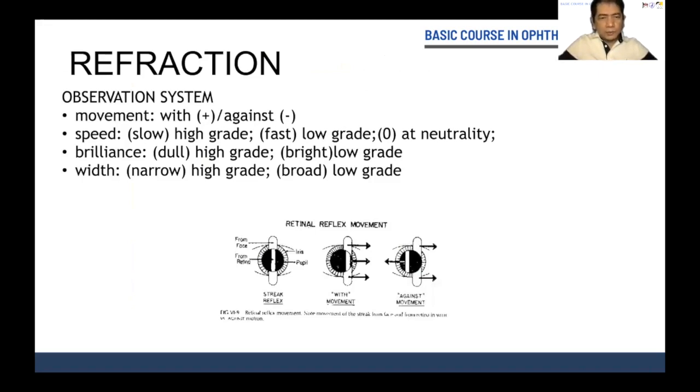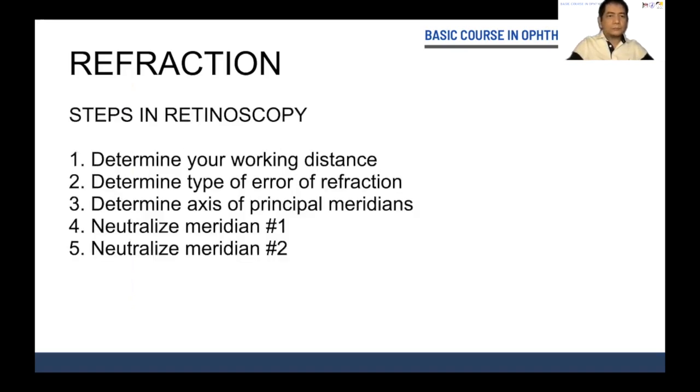In terms of brilliance, it is dull if the grade is high, and you will observe a bright reflex if the grade is low, and narrow width if it's high grade, and broad if it's low grade. So those are the clues in the observation system.